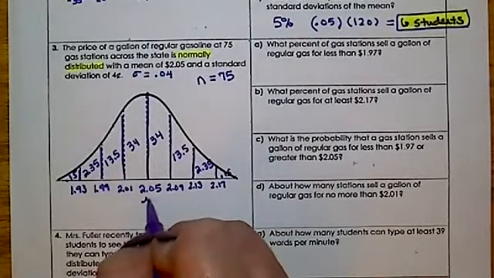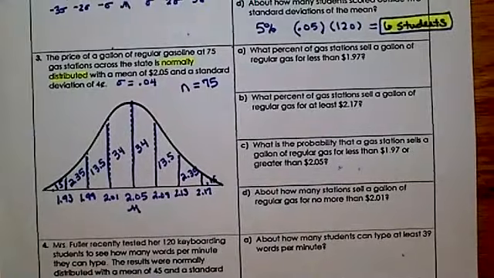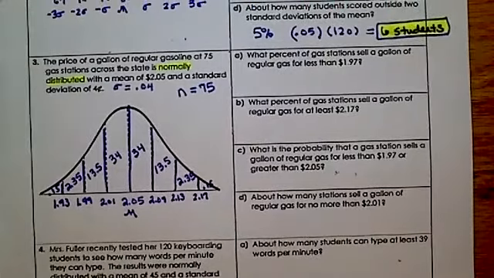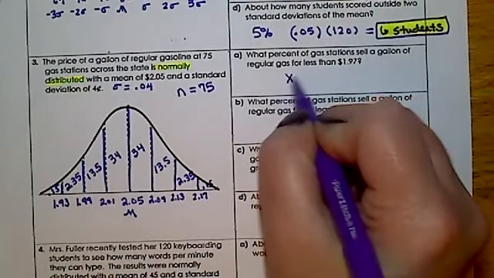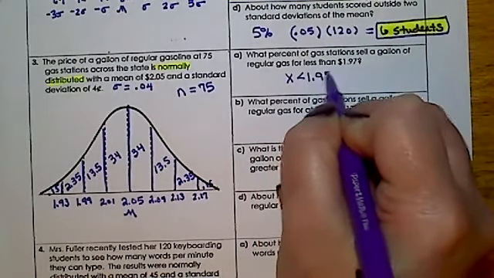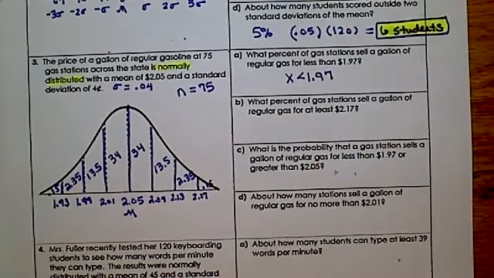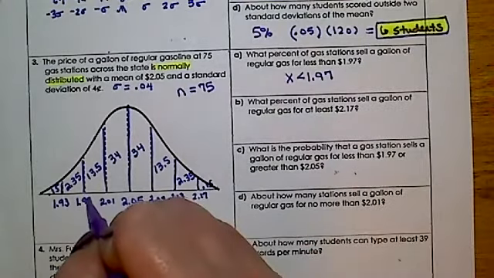Here's going to be my mean for my average. Now see if you can answer the questions. What percent of gas stations sell a gallon of regular gas for less than $1.97? That should be 1.97.